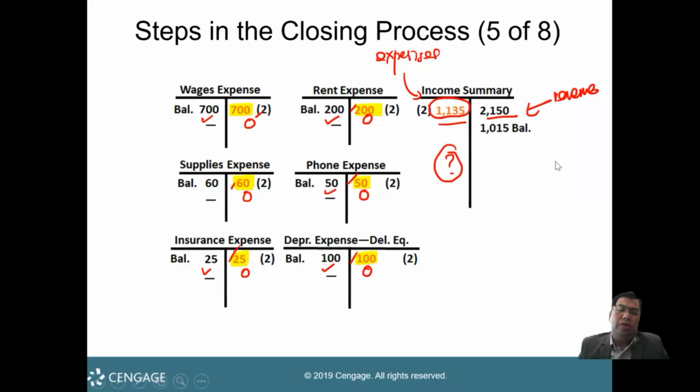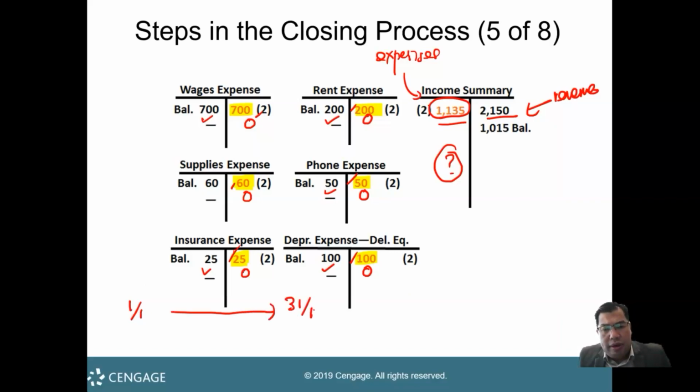There is a question: why can we have a balance c/d? Do we need to have this wages expense at zero balance? Yes. We record our accounts for 1 year, maybe from 1st January until 31st December. This is our first month, January.